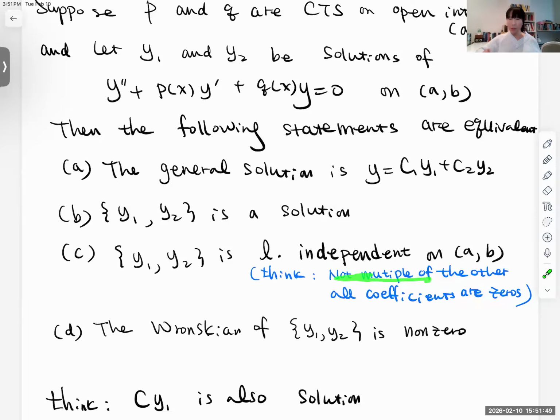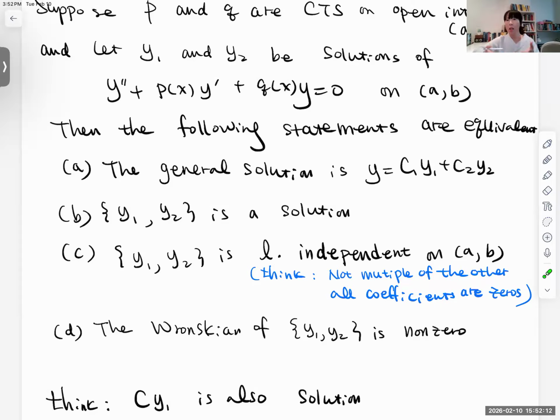Not a multiple of the other means like when we talk about linear algebra, right? We have a vector. A multiple of another means stretched or shrunk, so same shape. That's linearly dependent.